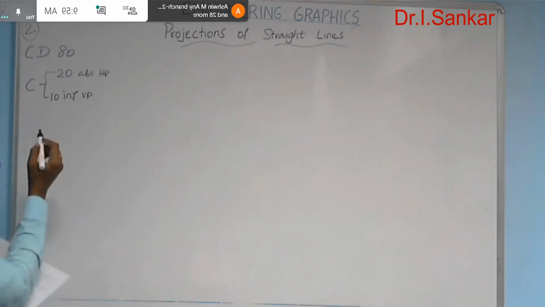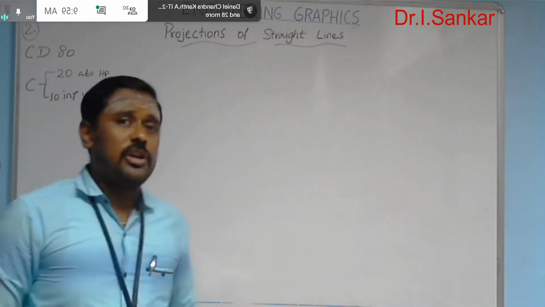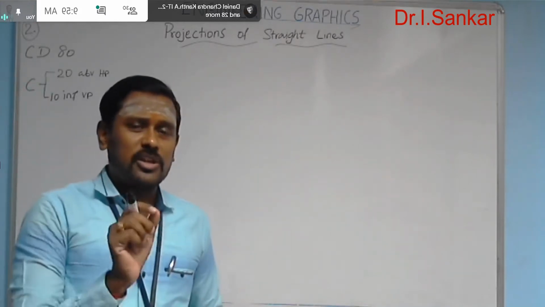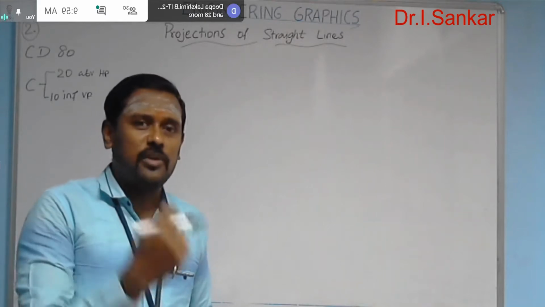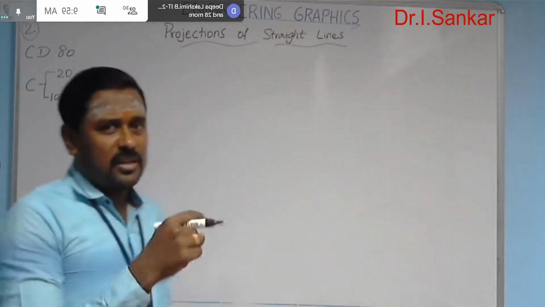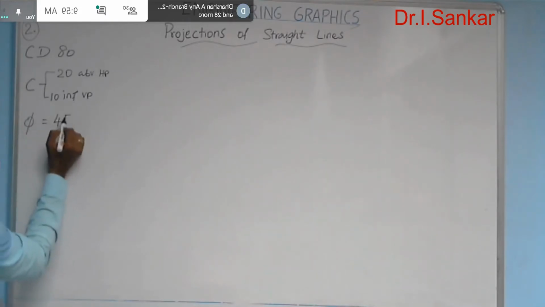The line is 45 degree to VP. So the notation here we need to use is phi. The inclination with respect to the VP can be notated by the term phi. So the phi value here is 45 degree.